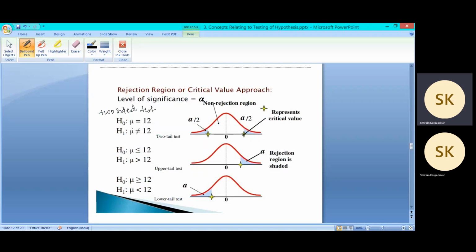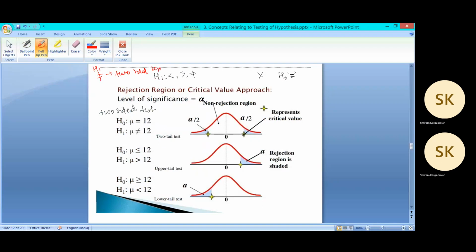Whether the test is one-sided or two-sided, it will always depend on H1, and it will not depend on H0, because H0 always contains the equal to sign. It is the H1 which contains less than, greater than, or not equal to. So when you have the not equal to symbol in the H1, you call it a two-sided test.